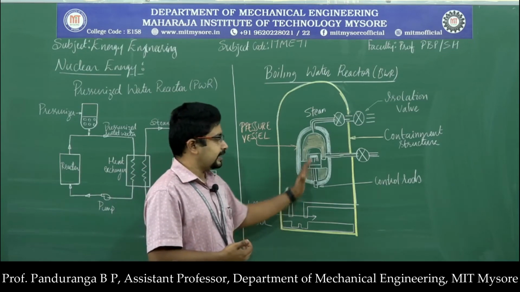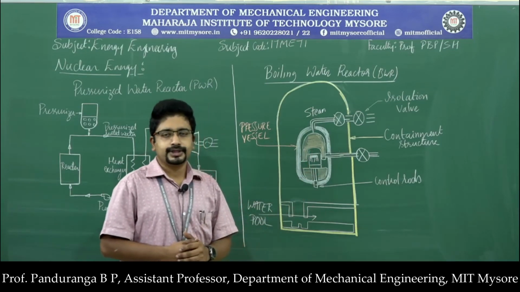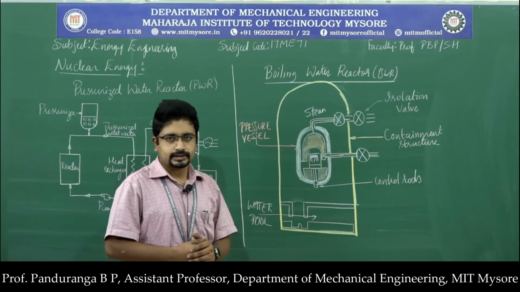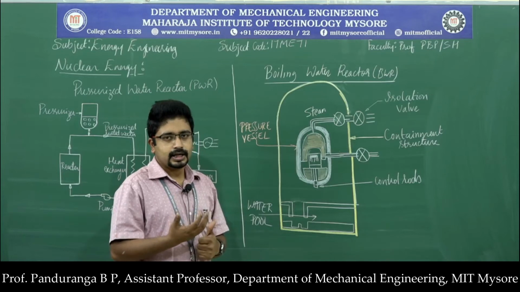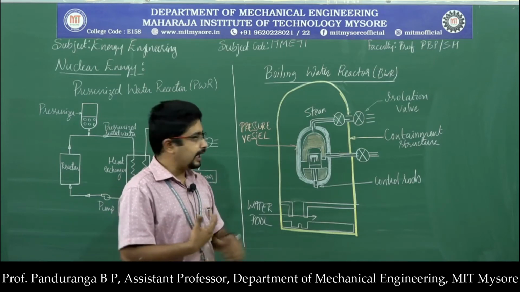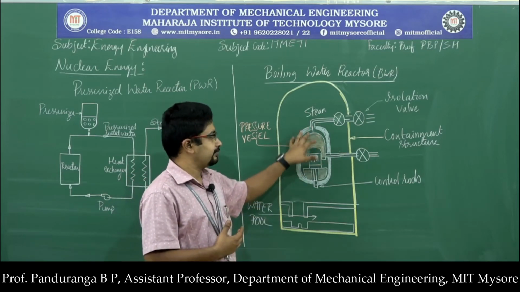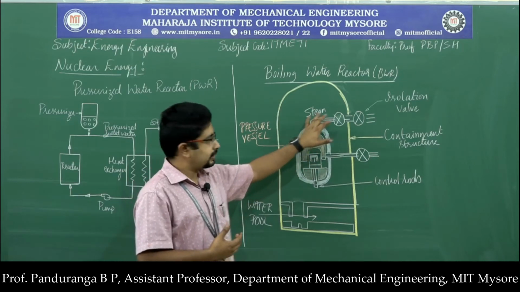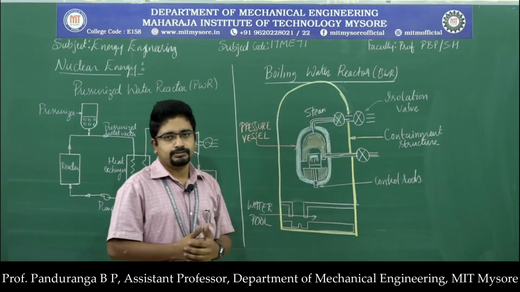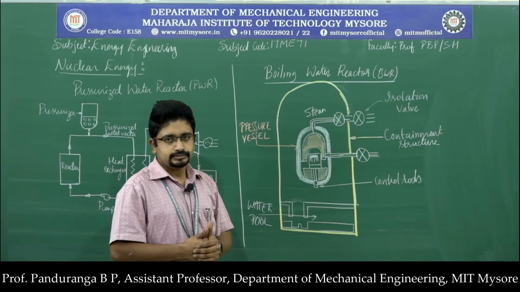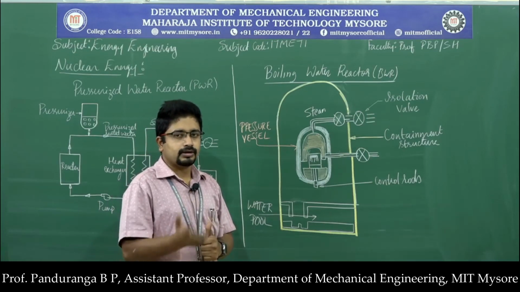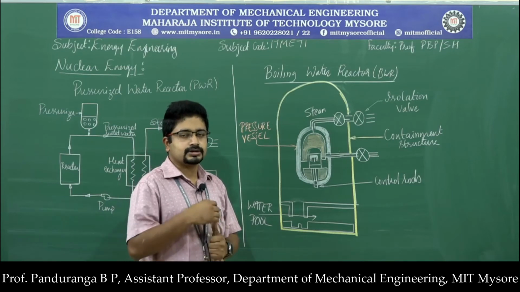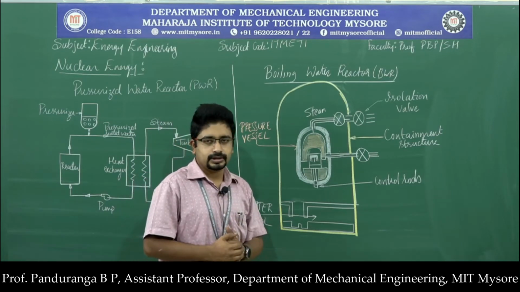So the water directly enters the core of the nuclear reactor and absorbs heat, gets evaporated and converted into steam, and that steam will be collected from the top of the reactor core and directly sent to the turbine. So here the major risk is the turbine will also be radioactive because radioactive water is flowing through the turbine.